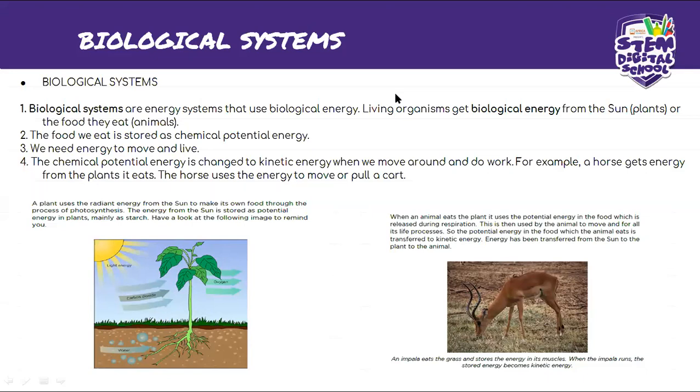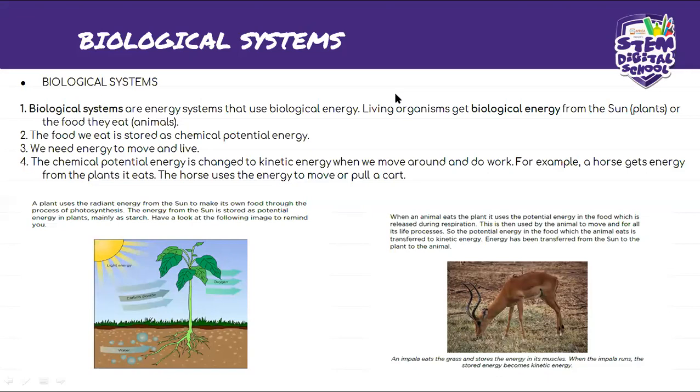For example, a horse gets energy from the plants it eats. The horse uses the energy to move or pull a cart. All right, so the pictures you are seeing are examples of biological systems. So we are looking at the relationship between the plant and then the sun.